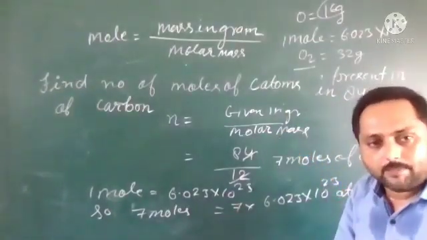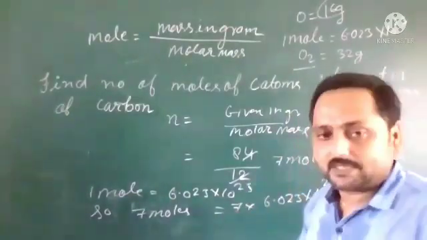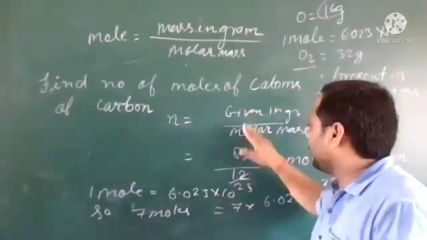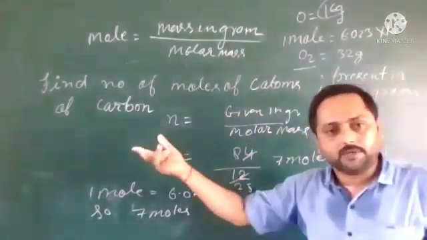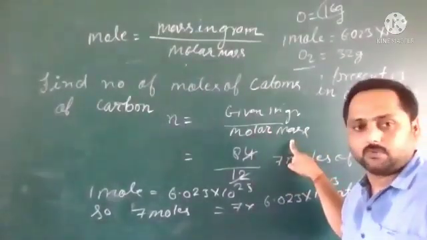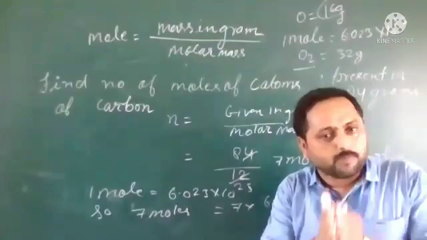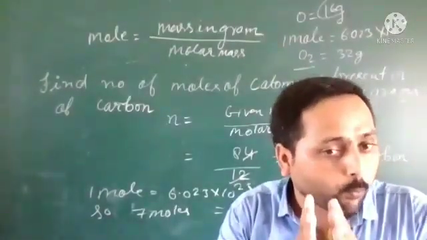If atoms are being taken, we write atomic mass, gram atomic mass. And if we are taking N2, as in the previous question, there in place of molar mass we can write molecular mass also. Molecular mass is the mass of one molecule, and atomic mass is the mass of one atom.